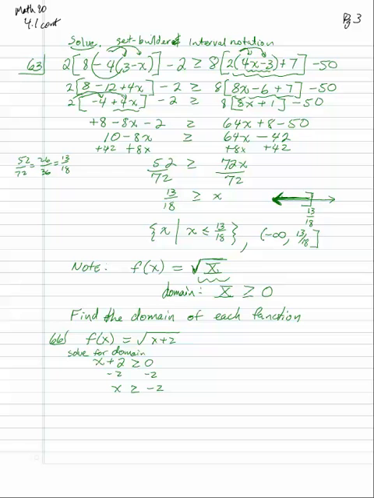So you can use, again, interval notation, you can use set builder notation. So the domain is set of all x's such that x is greater than or equal to negative 2, or you could write it using interval notation. You could say negative infinity to negative 2. Either way.